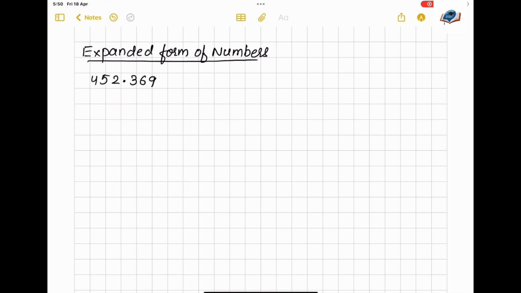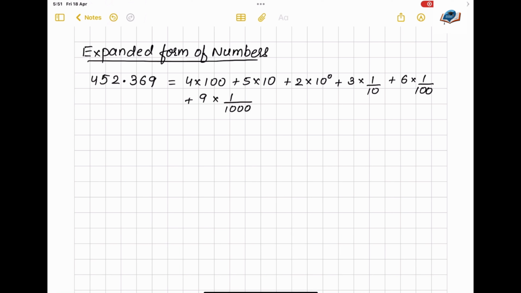So this we write as 4 into 100 plus 5 into 10 plus 2 into 10 raised to 0, or we write 1, plus 3 into 1 upon 10 plus 6 into 1 upon 100 plus 9 into 1 upon 1000. So this is called expanded form. Now let us do some examples related with that.